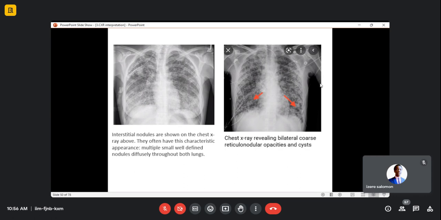She wanted to know, she said she can see this is not just nodular opacities. But it's a very good question, because normally when we are describing the findings, we prioritize the more prominent opacities, like this one.